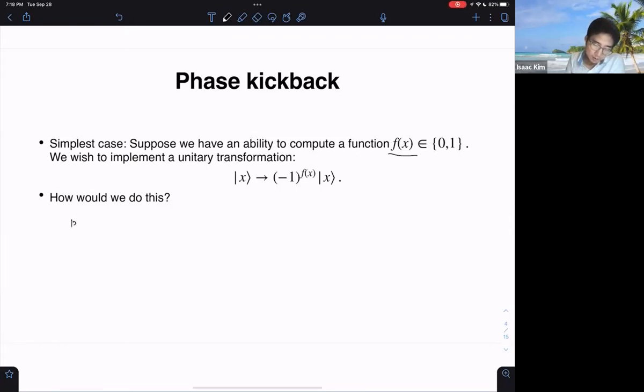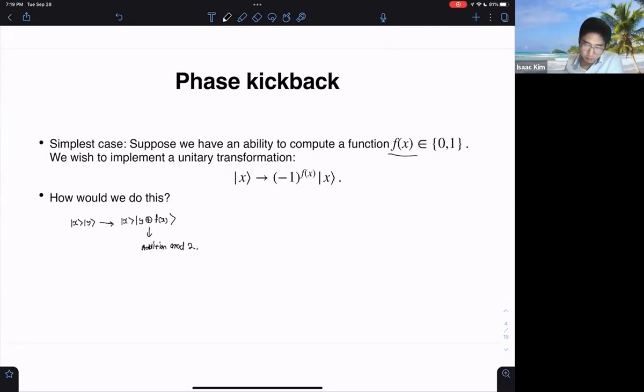That is to say, if we can compute f(x) efficiently on a classical computer, we can perform this operation efficiently on a quantum computer. So this means addition mod 2.